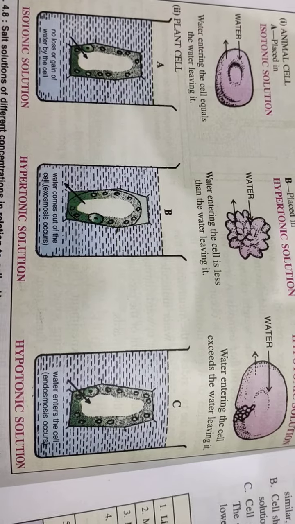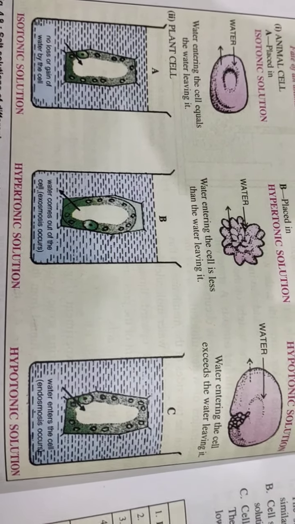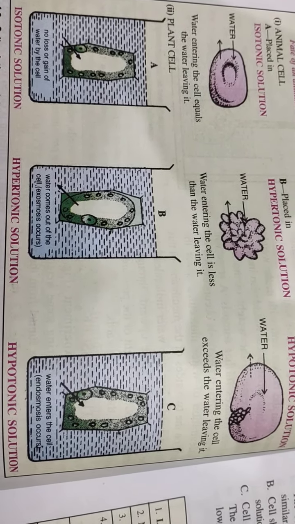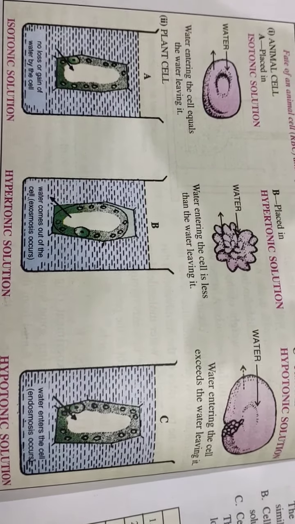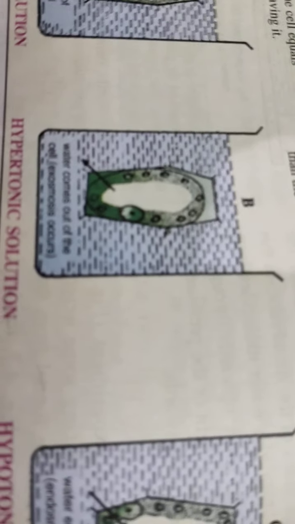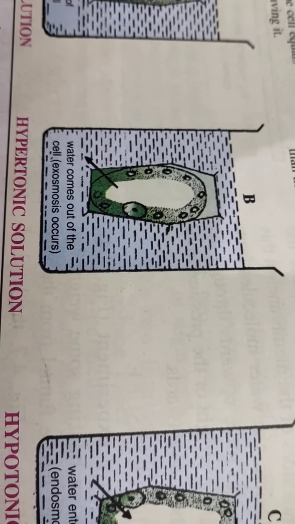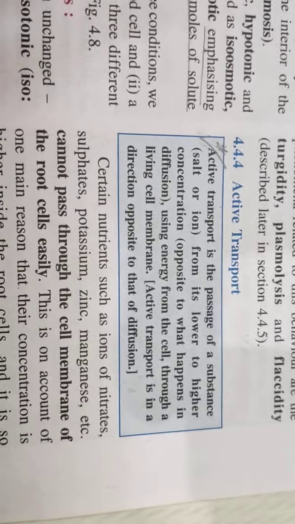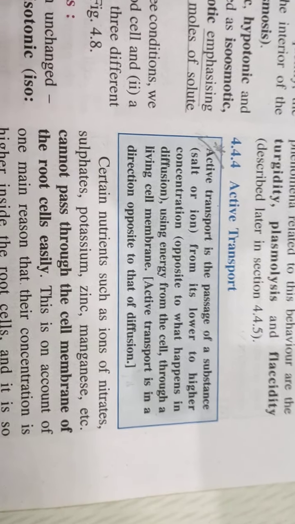So these three diagrams are important. As you can see, when it is hypertonic outside, the water is coming out from the cell and the cell is shrinking. This one, number B.